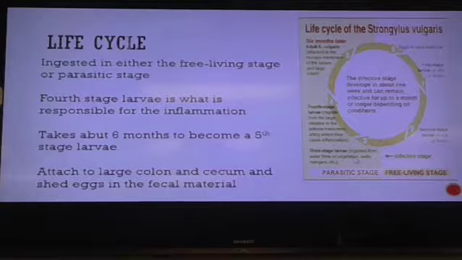When it gets to the 4th stage, that's the stage we worry about, because that's the stage that causes the inflammation in the cranial mesenteric artery because of the migration from the large intestines to the artery. It stays there, and 6 months later, it's an adult, where it attaches to the mucous membrane and goes back to the large intestine in the cecum and large colon, and eggs are passed in the fecal material, and then it starts all over again.